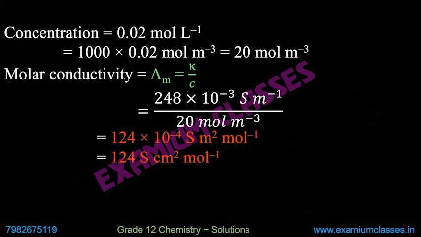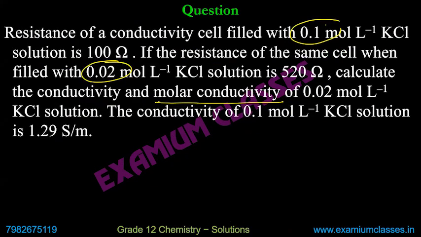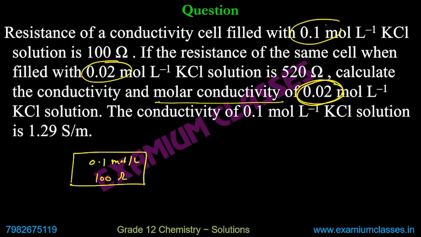Okay. So you will convert the concentration. You have to calculate the molar conductivity of 0.02 mole per liter KCl solution, not of 0.01 mole per liter KCl solution. So remember the question, if a few students are confused. We have this cell. Initially, we had a 0.1 mole per liter solution in it, and it offered 100 ohm resistance.